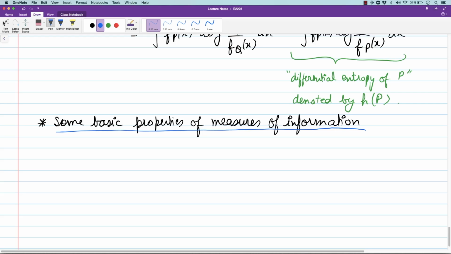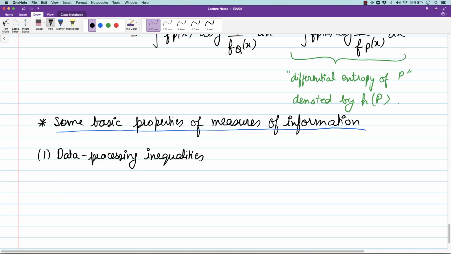But what I have tried to convince you is that most of the definitions just go through by some small changes. Okay, so in a similar vein, most of the properties will go through. So the first property that I want to look at is the data processing inequality that we had seen earlier, and it still holds.